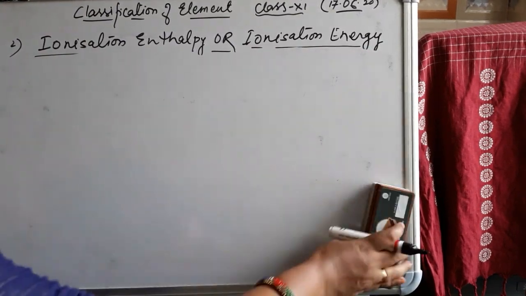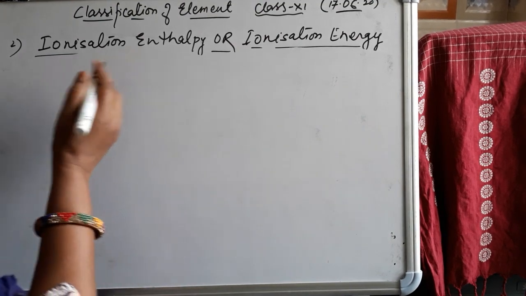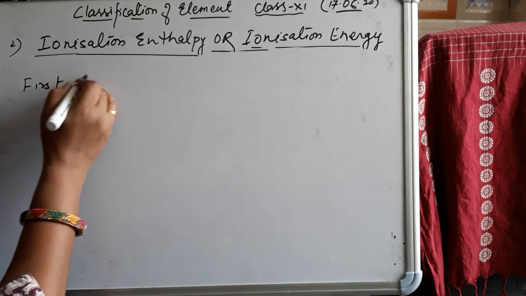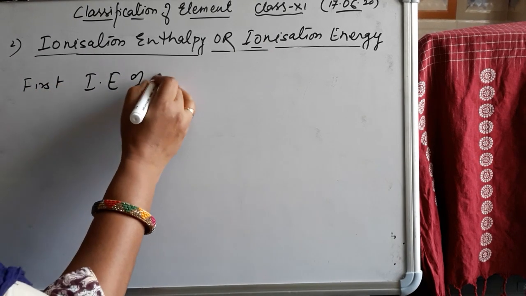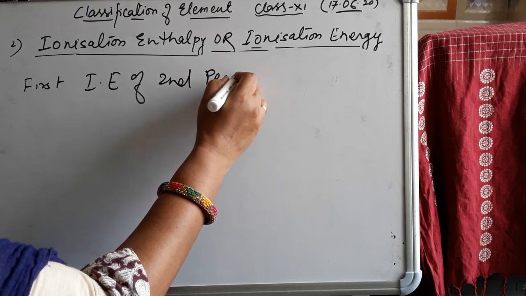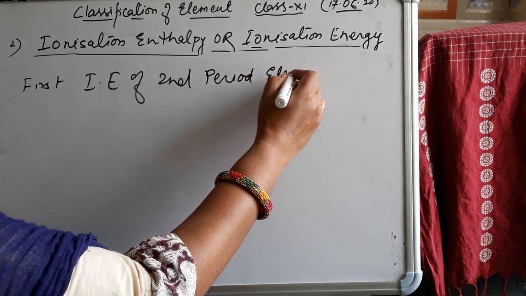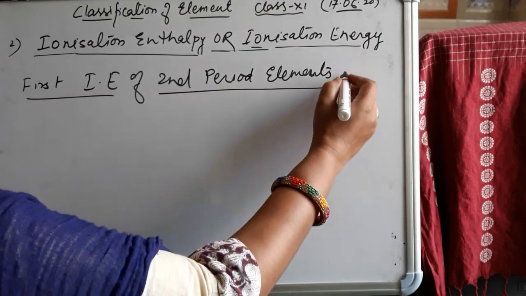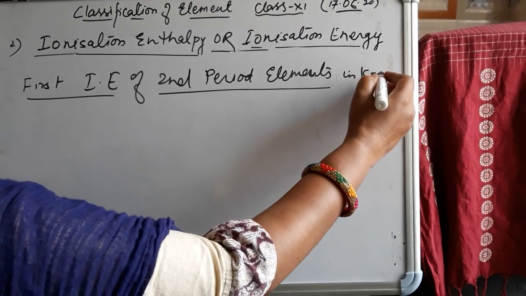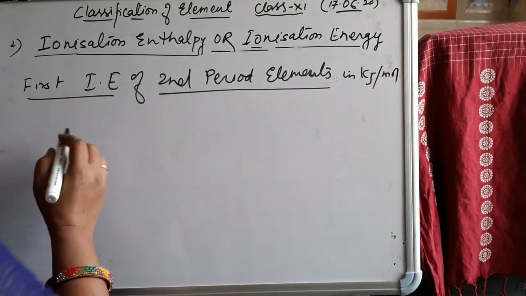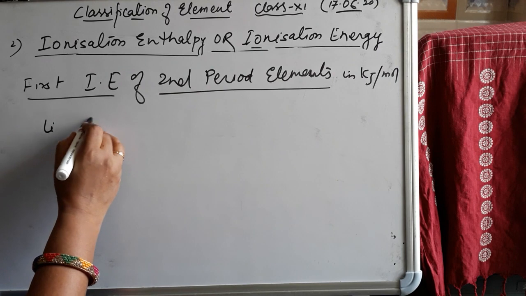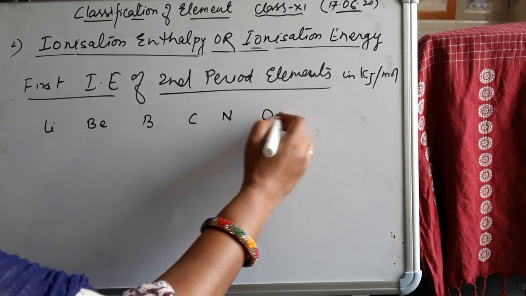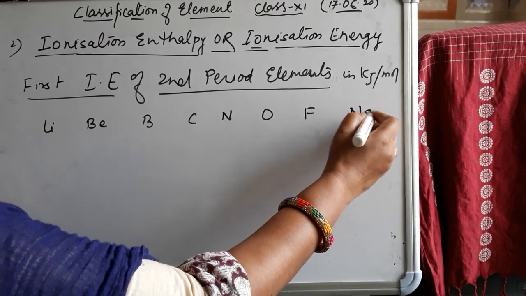Let's discuss with an example. First, the ionization enthalpy of second period elements in kilojoule per mole: lithium, beryllium, boron, carbon, nitrogen, oxygen, fluorine and neon.